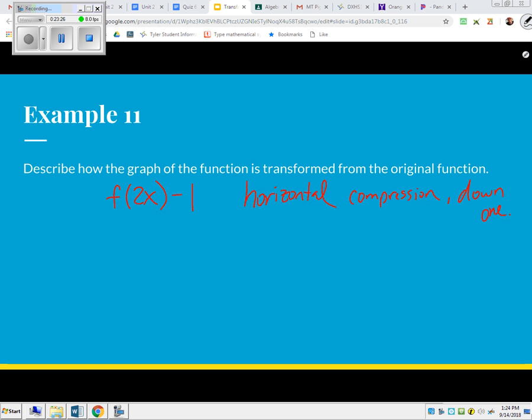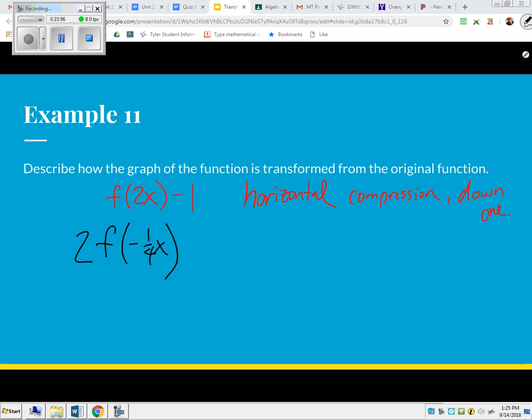All right, let's do f of negative 1/4 x times 2.